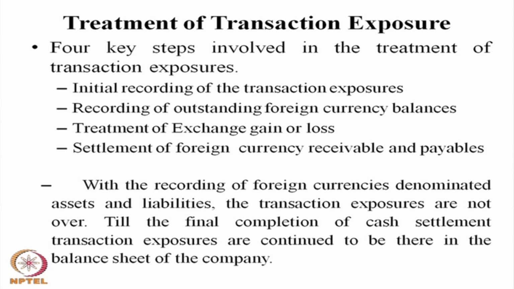If one party has very high bargaining power, he can dictate, but if both parties have the same bargaining power, they have to come to a negotiation and agree, let us say, to take the transaction exposure 50-50. In this process, we can minimize the transaction exposure.